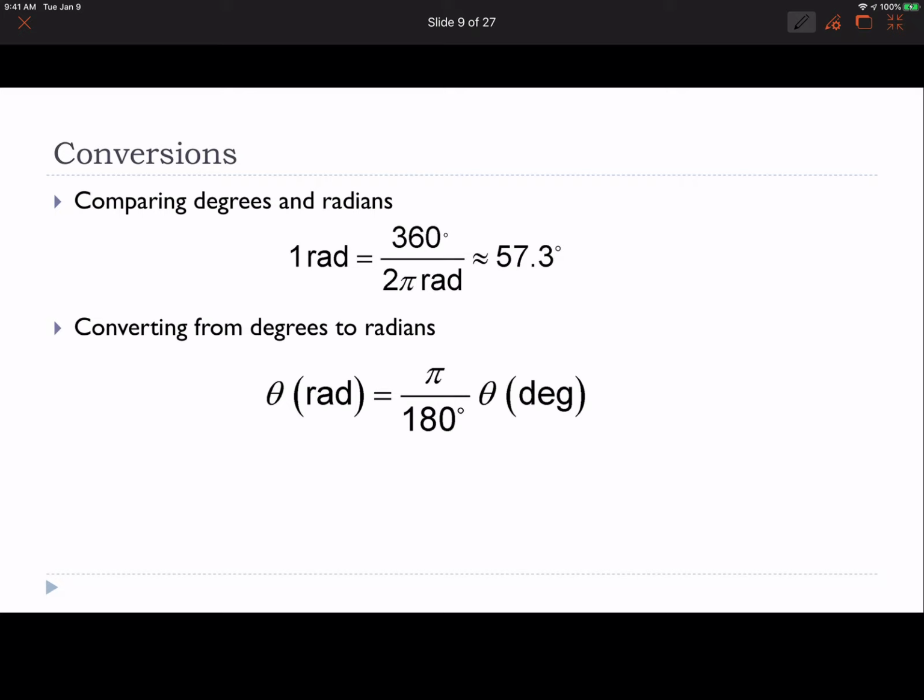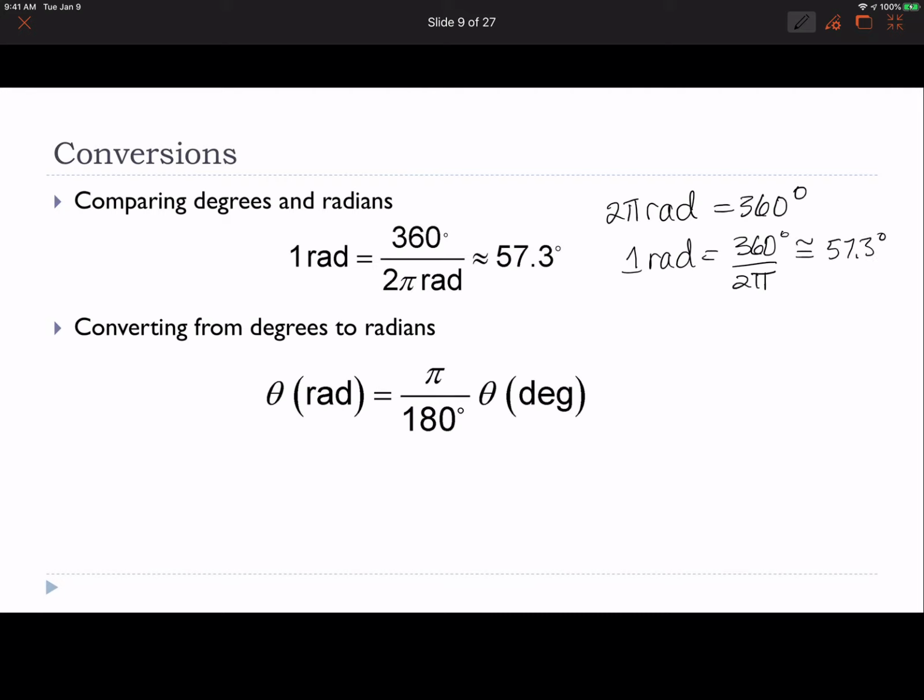So we can certainly write those down in terms of if we needed to convert units. We know that 2 pi radians is equal to 360 degrees, going around once. And so we can use that relationship, and we can write this as 1 radian is 360 degrees over 2 pi. And that's where we're getting this 57.3 degrees approximately.